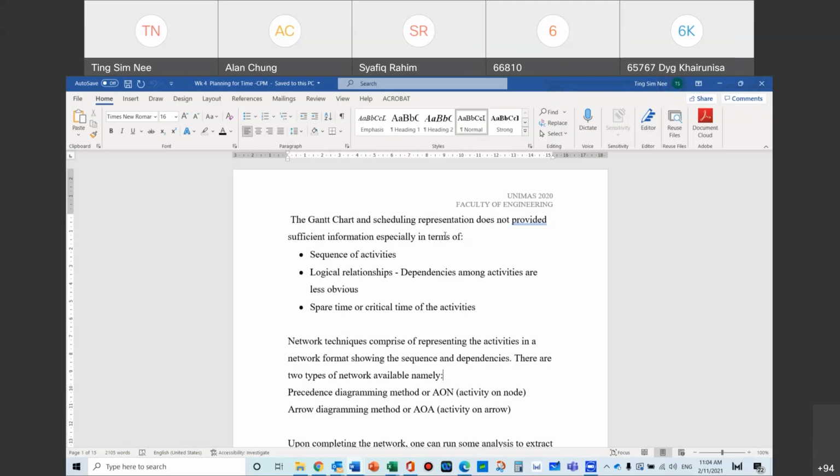Besides that, the Gantt chart will show you the duration, the activities, and the lines. It's a very easy way to read duration, the overall project milestones, and the project duration. It will also show you the relationship between each and every one of the activities.